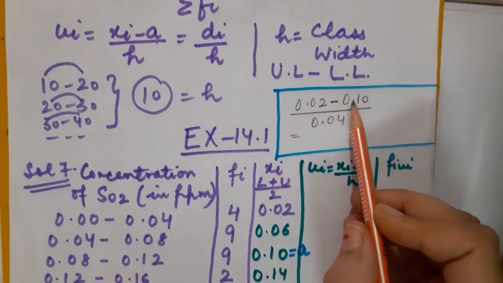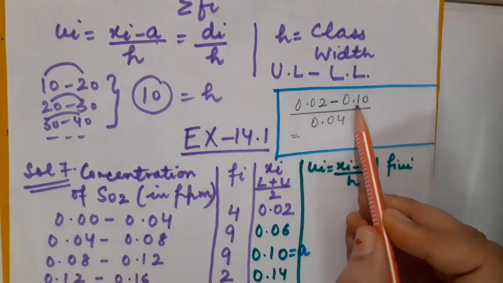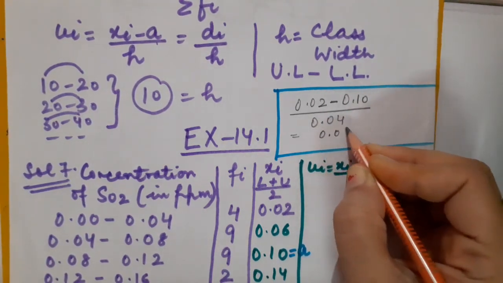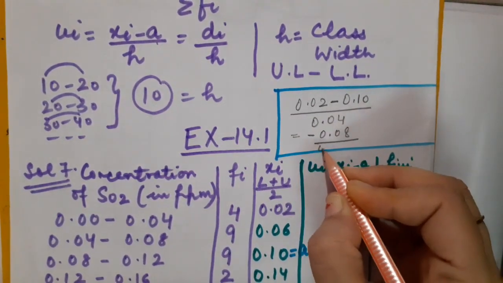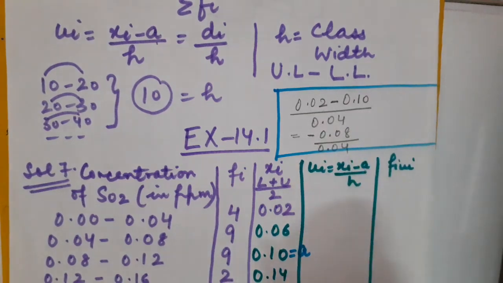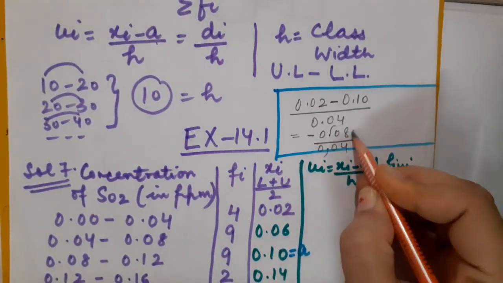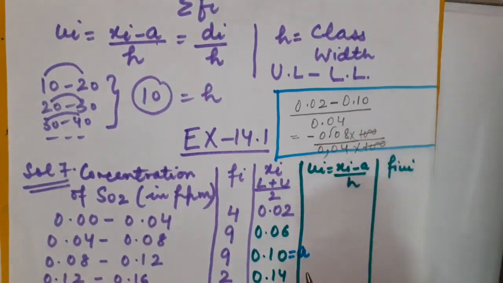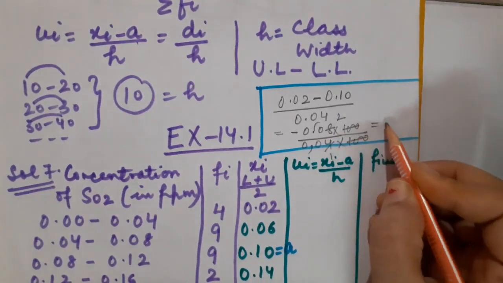Correct, students? So when 0.02 is subtracted from 0.10, you have got 0.08 but with minus sign, divided by 0.04. After removing the decimal, here also you will be getting 100 and in numerator also you will be getting 100. So they both are going to be cancelled. Now this is 4 ones are 4, 4 twos are 8. So what would be the answer?